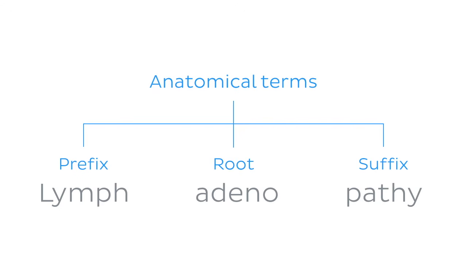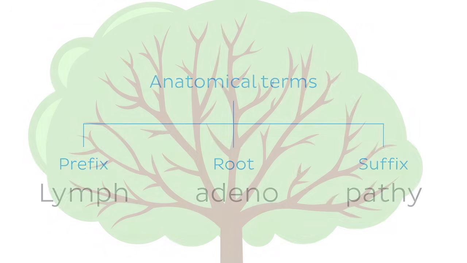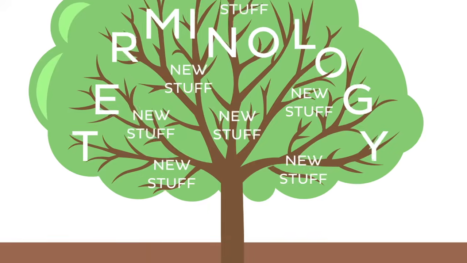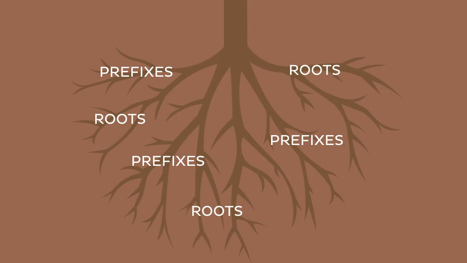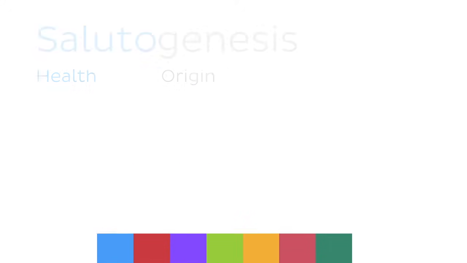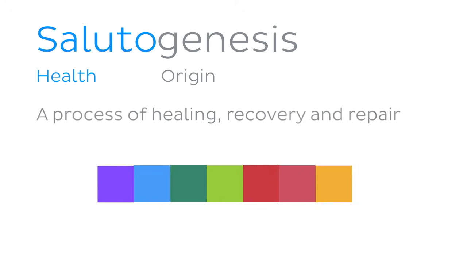We have also learned that although the list of medical and anatomical terminology is constantly growing, the reservoir of roots, prefixes, and suffixes from which these words come from generally stays the same. New terms are often just different combinations of already existing smaller words.